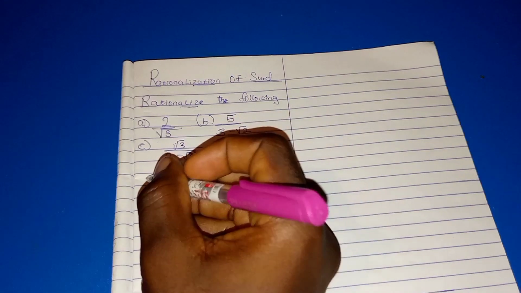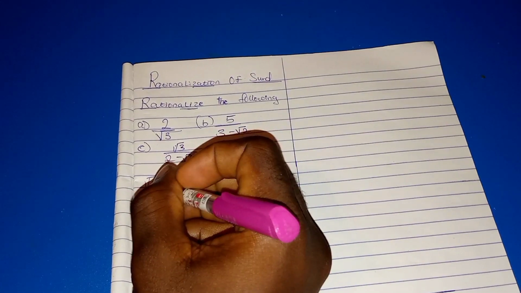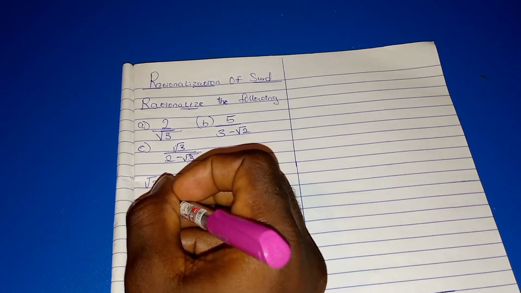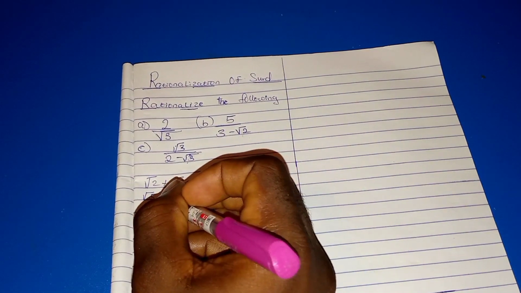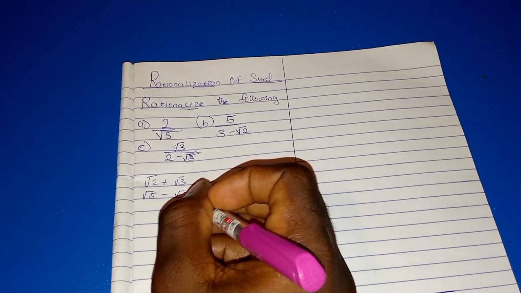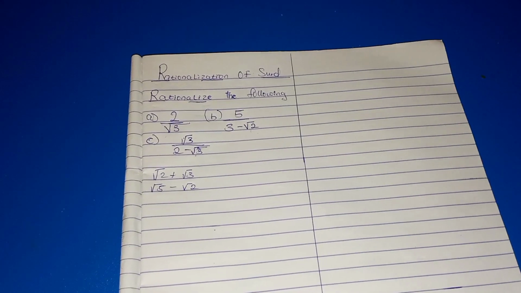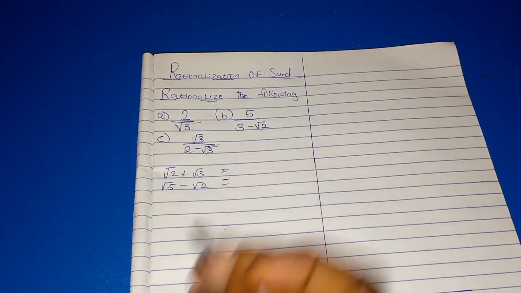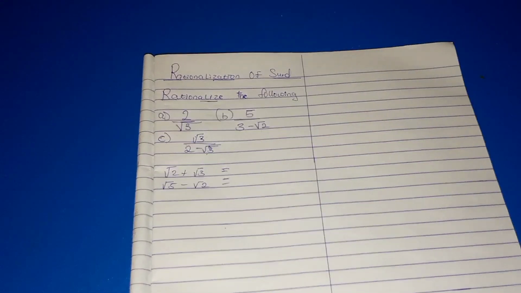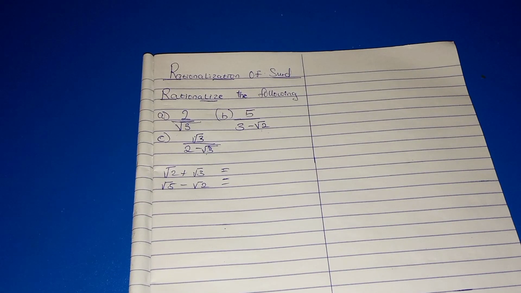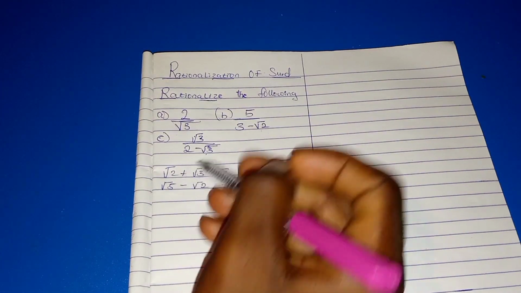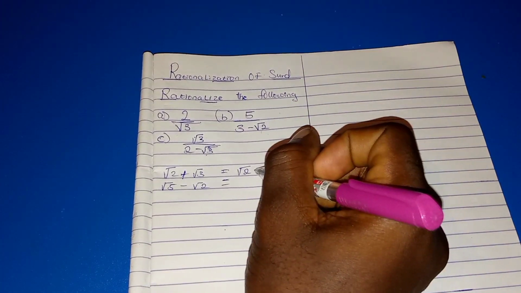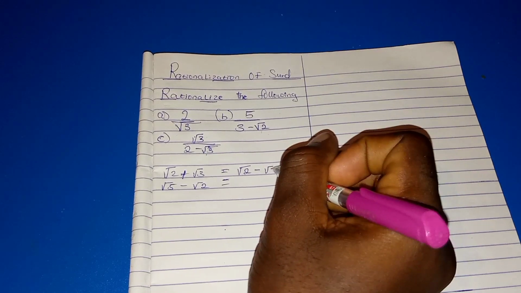Okay, let's say we have an expression root 2 plus root 3, and we have root 5 minus root 2, and we are being told to find the conjugate of these. The conjugate of a given value has the opposite sign to the one the expression has. This expression has a plus sign, so its conjugate would be root 2 minus root 3.